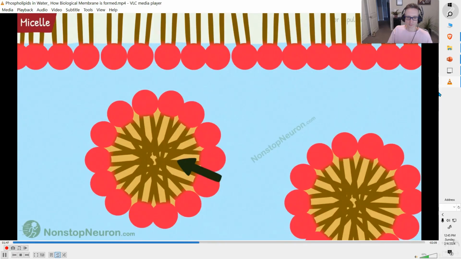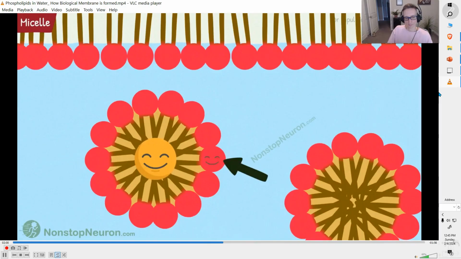Here each fatty acid is surrounded by other fatty acids. There is no water nearby. This solves their problem. Phosphate ends of all the molecules make the surface of the sphere. Here they come in contact with water, but they are already happy with that. This formation is called a micelle.